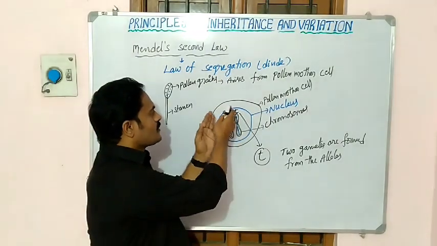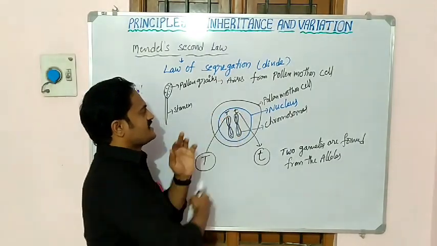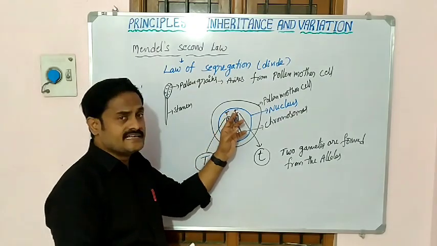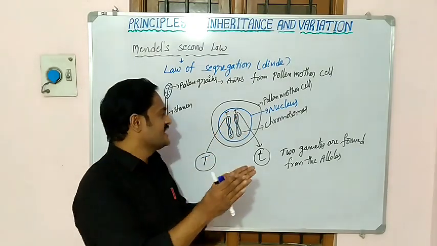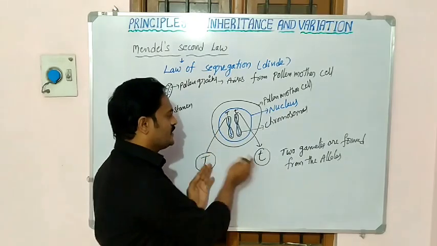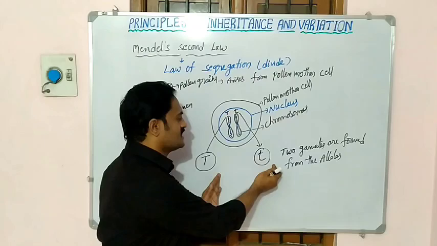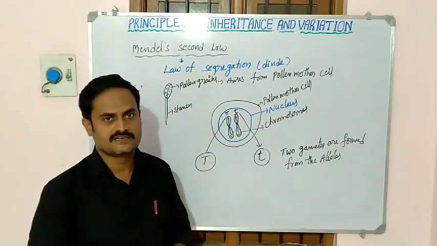The alleles present in the pollen mother cell segregate to form the two gametes.